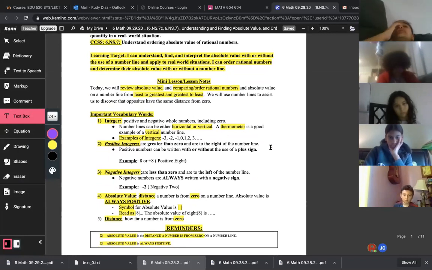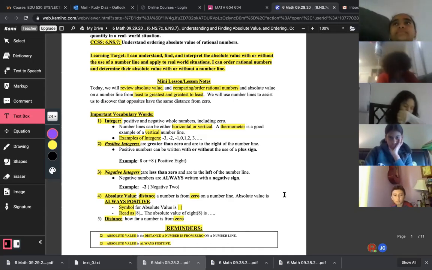A thermometer is a good example of a vertical number line, right? Positive integers are greater than zero, to the right of zero on the number line. So you start at zero, anything to the right of that is always going to be positive. Anything to the left of that is going to be negative. Negative integers are less than zero and are left of zero on the number line.